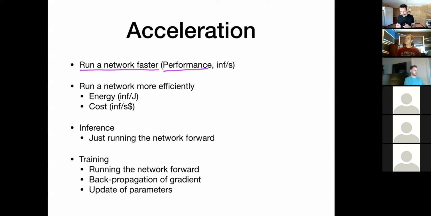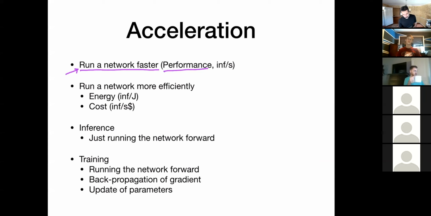This is about running them faster, especially when you deploy a neural network on some of this hardware, you want to run several hundred or several thousand inferences, predictions, in one minute, depending on the power of the hardware. So you want to increase the throughput for a specific hardware.